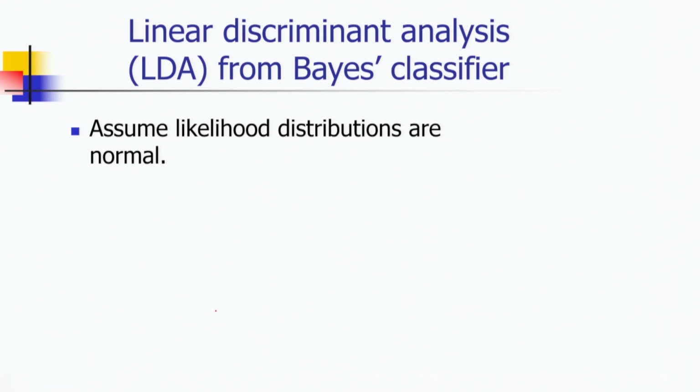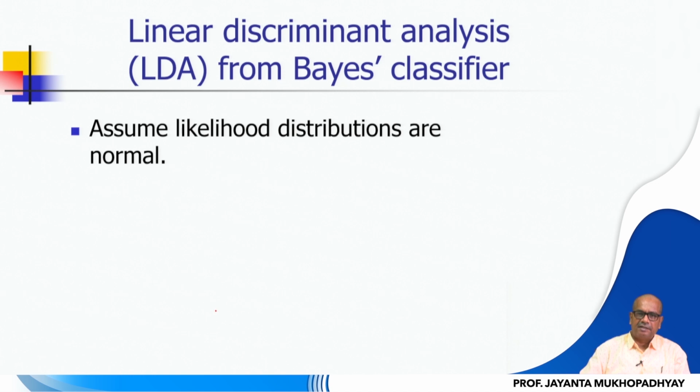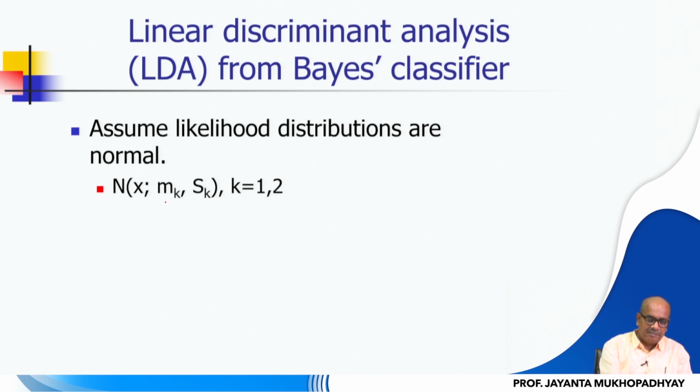Now, when we actually get this kind of linear discriminant function, we assume the likelihood distributions are normal distributions. A normal distribution in multidimensional space can be specified by the mean vector and the covariance matrix, Sk for the kth class. For example, if there are two classes, for each class you have its mean vector and its corresponding covariance matrix.